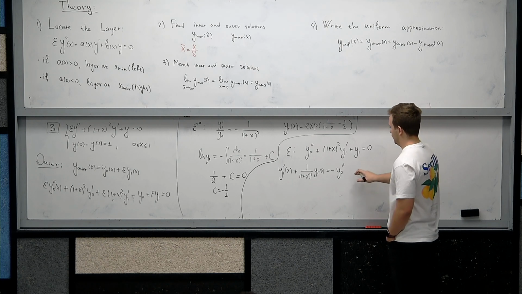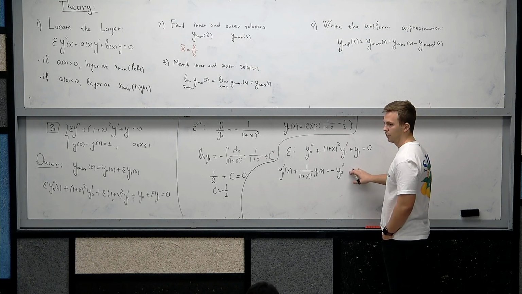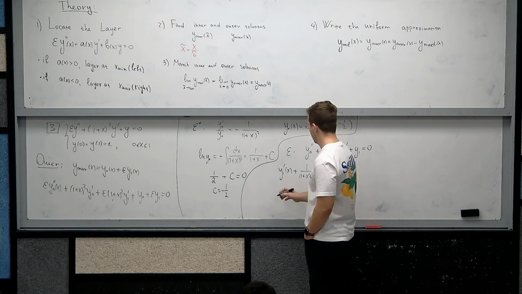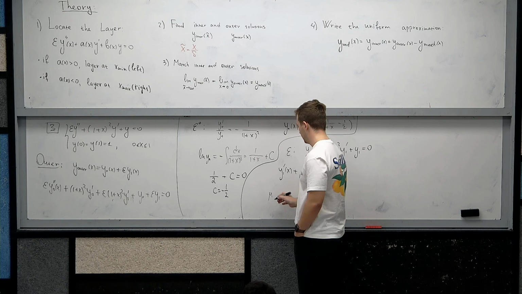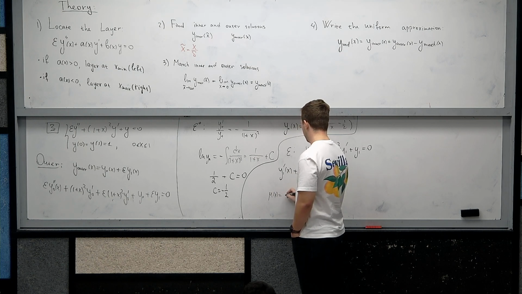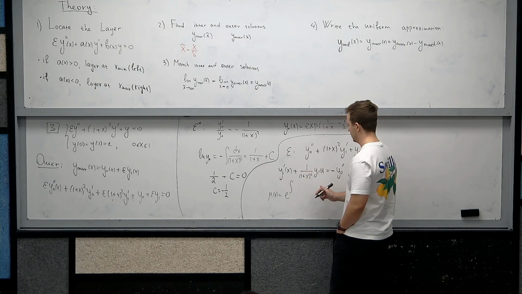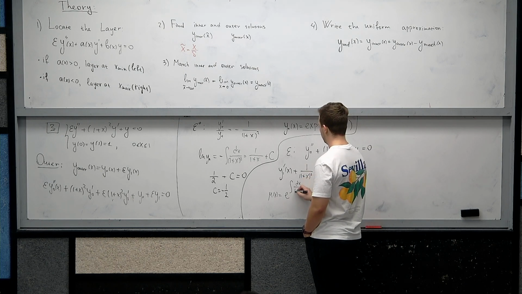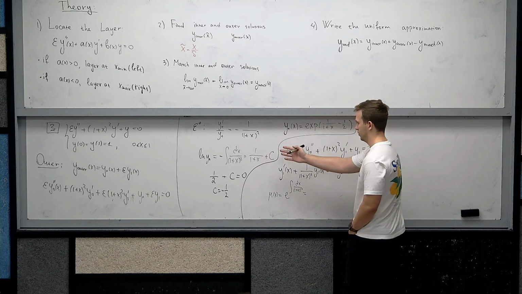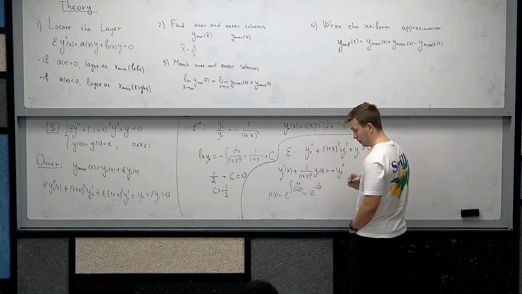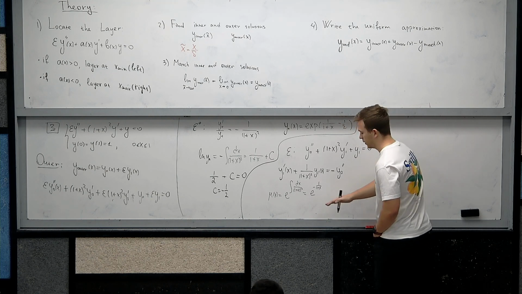Okay, then I need to multiply it by mu of x. Then I eventually get the differential equation for mu, and mu of x will be e to the integral of this stuff, right? So it's the integral of dx over 1 plus x squared, right? And we already did it. So it's e to the minus 1 divided by 1 plus x. Right? So we know now the integrating factor.